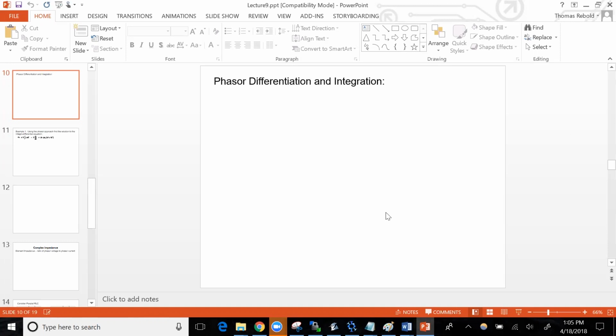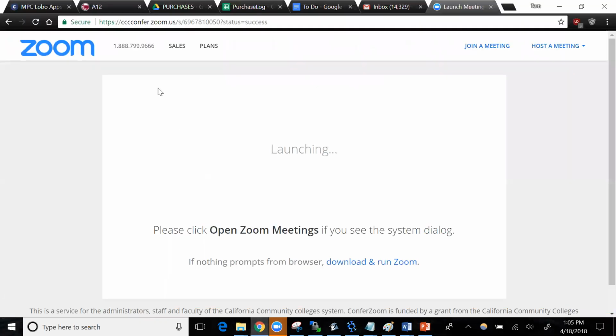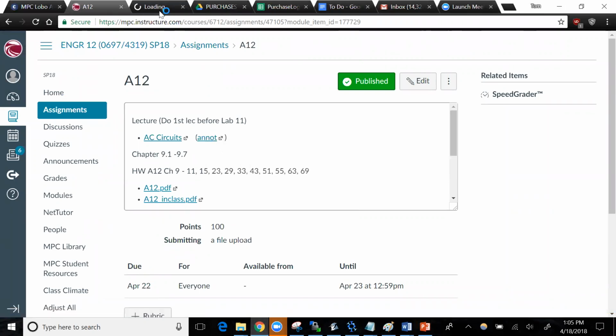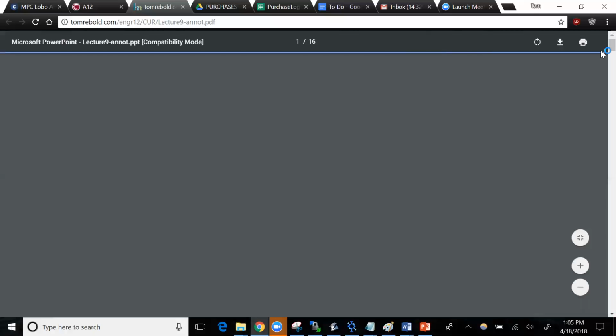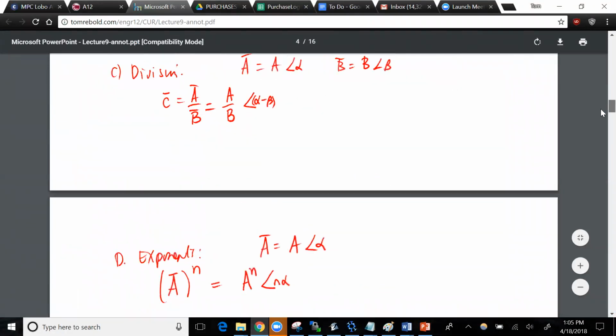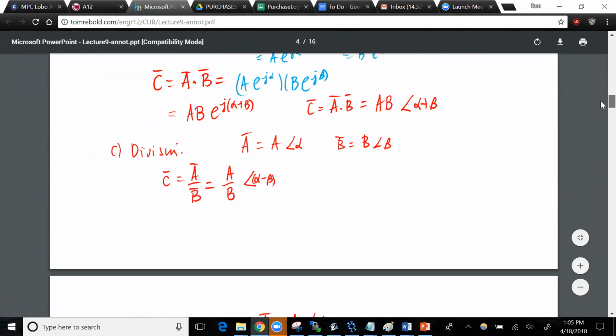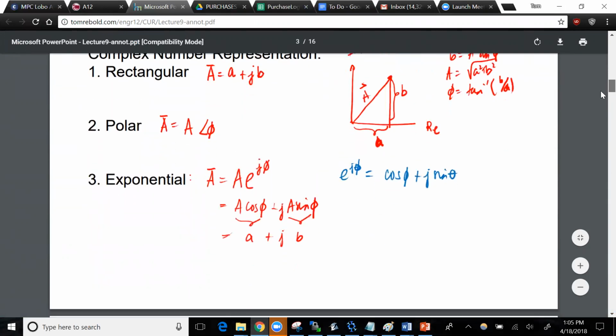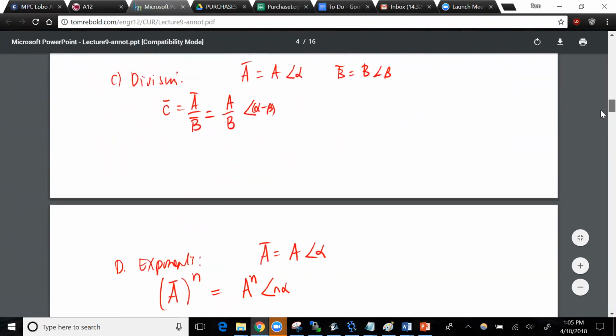So I don't have the markups, although I can get them pretty easily. Let's see, they are here. And we developed the notion of a complex number representing a sine wave.